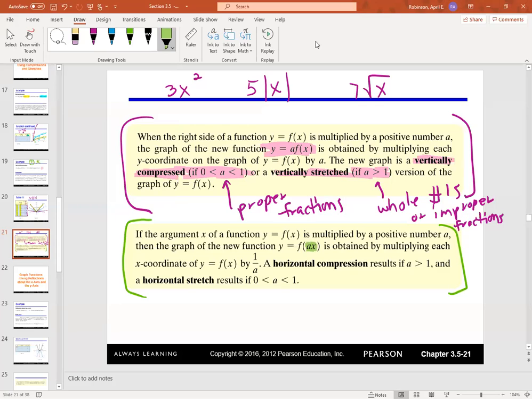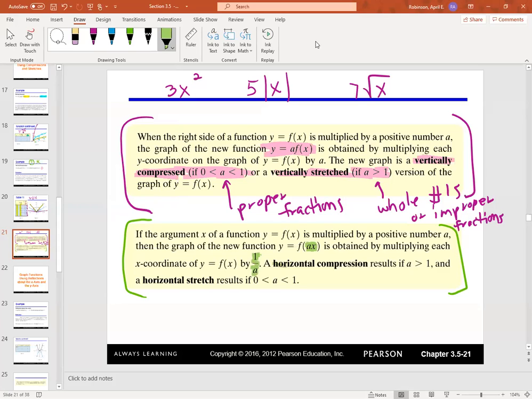Then, if the argument x of a function y equals f of x is multiplied by a positive number a, then the graph of the new function y equals f of ax is obtained by multiplying each x coordinate of y equals f of x by 1 over a.